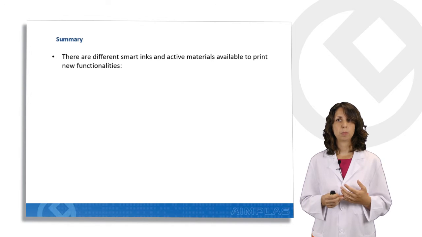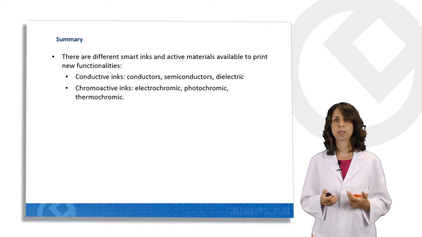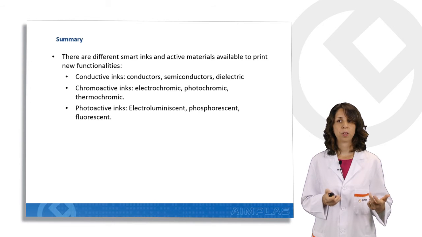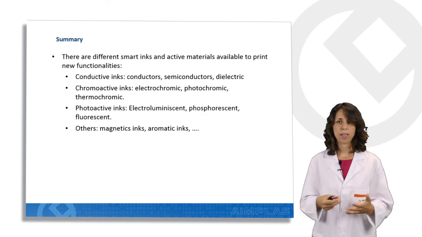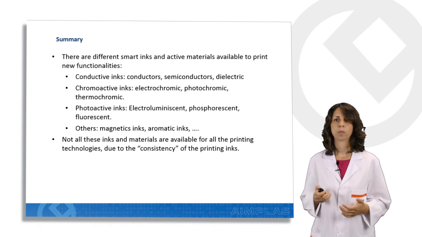There are different smart inks and active materials available to print new functionalities. For example, conductive inks, conductors, semiconductors, dielectric, chromoactive inks, electrochromic, photochromic, thermochromic, photoactive inks such as electroluminescence, phosphorescence, fluorescence, and other functional inks such as magnetic inks, aromatic, and so on.